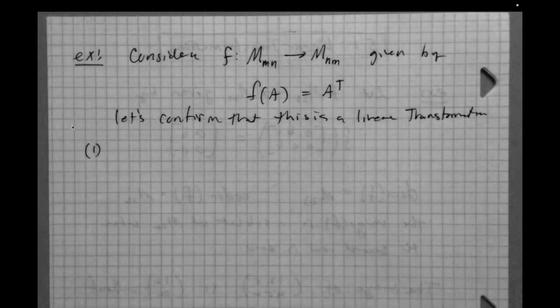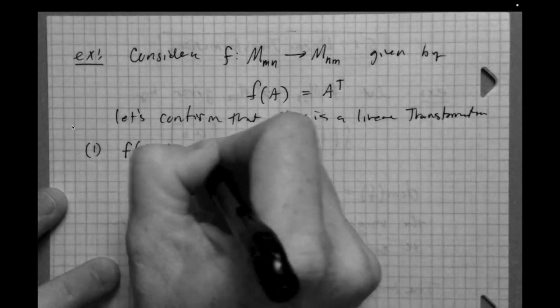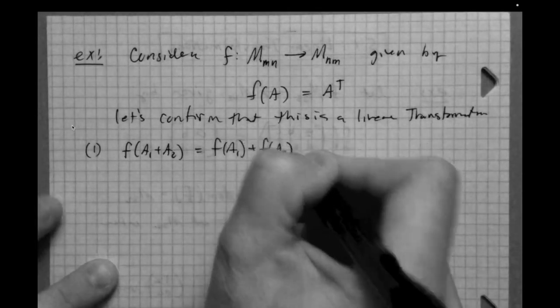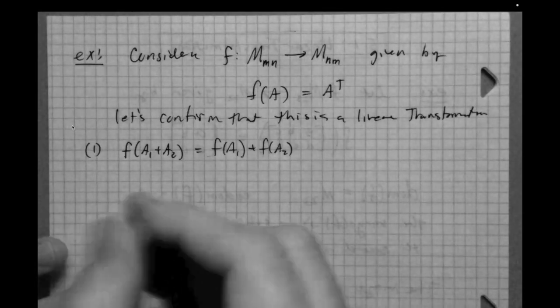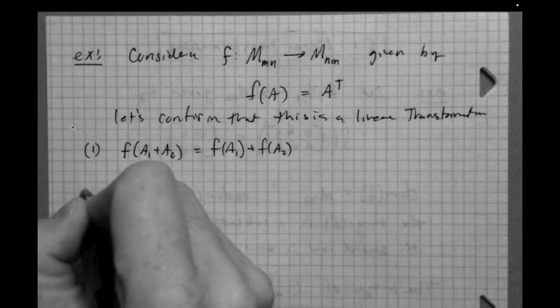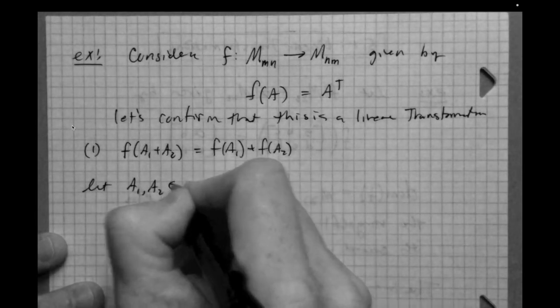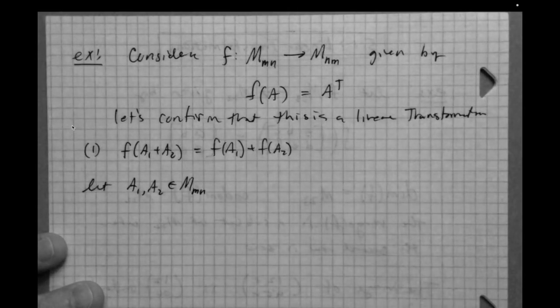The first property is that F of A1 plus A2 is equal to F of A1 plus F of A2. We have to confirm that one to start with. This is really straightforward. Let A1 and A2 be m by n matrices.